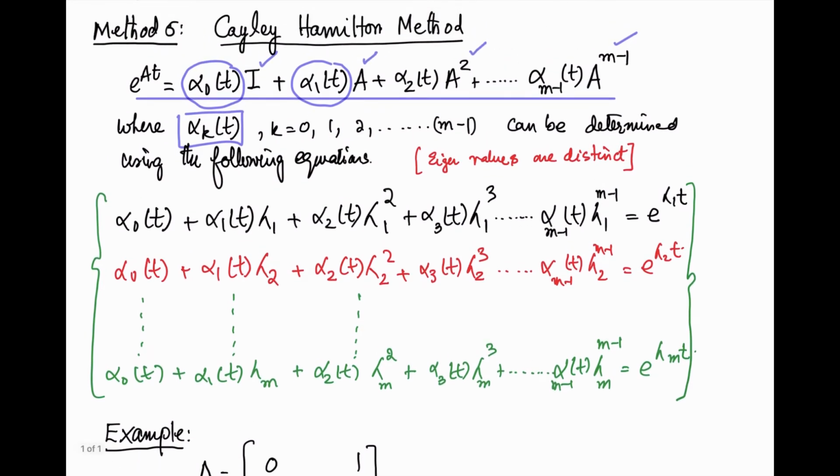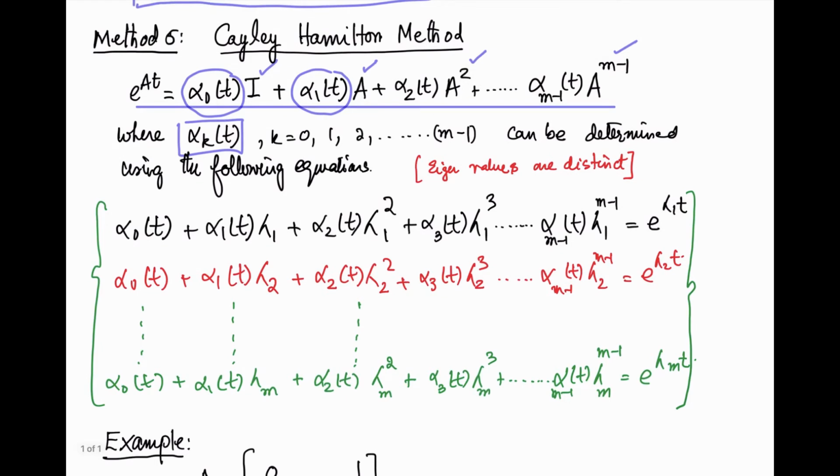Here you can look at this equation: alpha naught t plus alpha 1 t into lambda 1 plus alpha 2 t into lambda 1 square, and so on up to the m minus 1th term, will be equal to the exponential of lambda 1 t, where lambda 1 is the first eigenvalue. The second equation will be set up with the help of the second eigenvalue, and that will be equal to e power lambda 2 t, and so on.